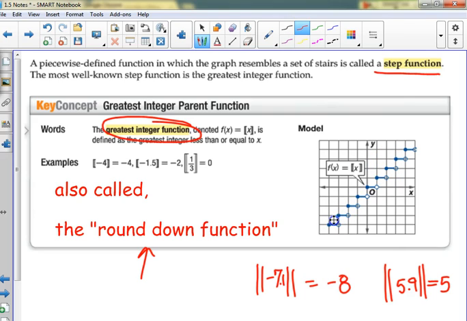The other thing is, like, if you go into the UPS store, they don't charge you another 5 cents for every ounce your package weighs, right? There's some kind of point where if it weighs over this, it jumps up to this price. And if it weighs over this, it jumps up to the next price. So a lot of things in the real world have to do with piecewise functions and even this greatest integer function.